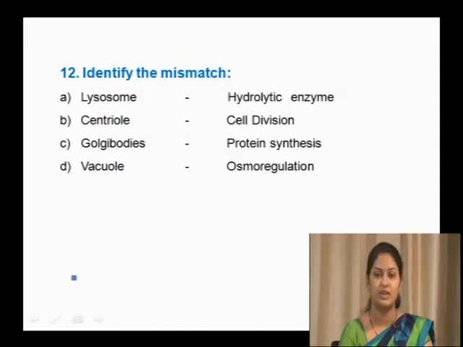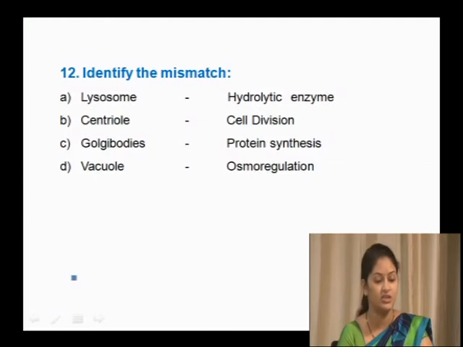Its main function is secretion, transportation, detoxification as well as packing of biomolecules. And D, vacuole, it helps in osmoregulation. This is the right combination. Osmoregulation is regulating the amount of water within the cell. So vacuole does it for plant cell exactly. So in this 12th question, the mismatch is option C. Golgi body and protein synthesis are not the right combination.